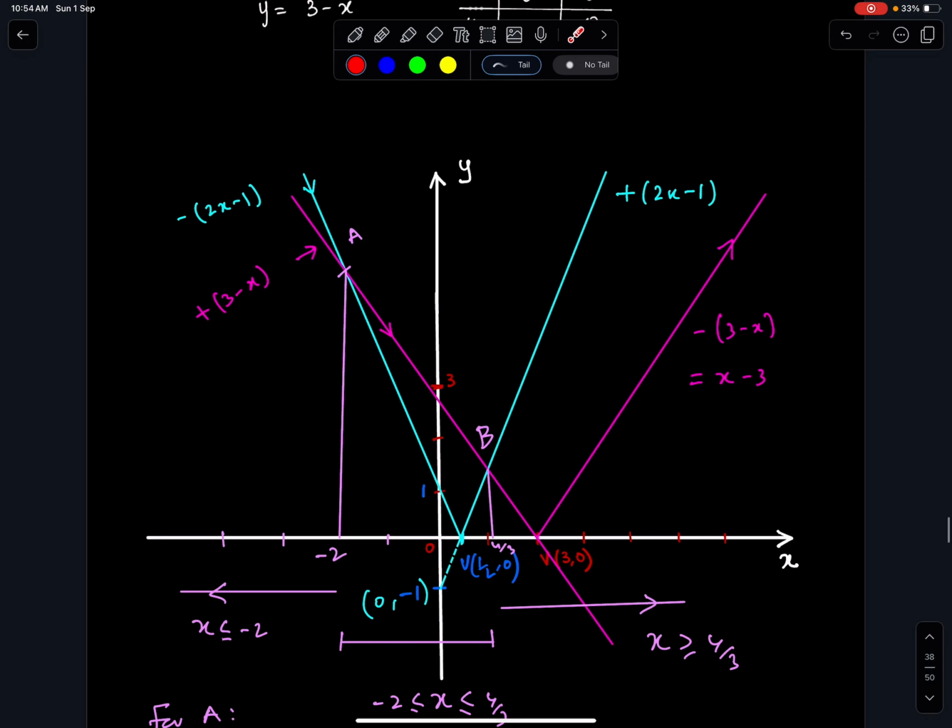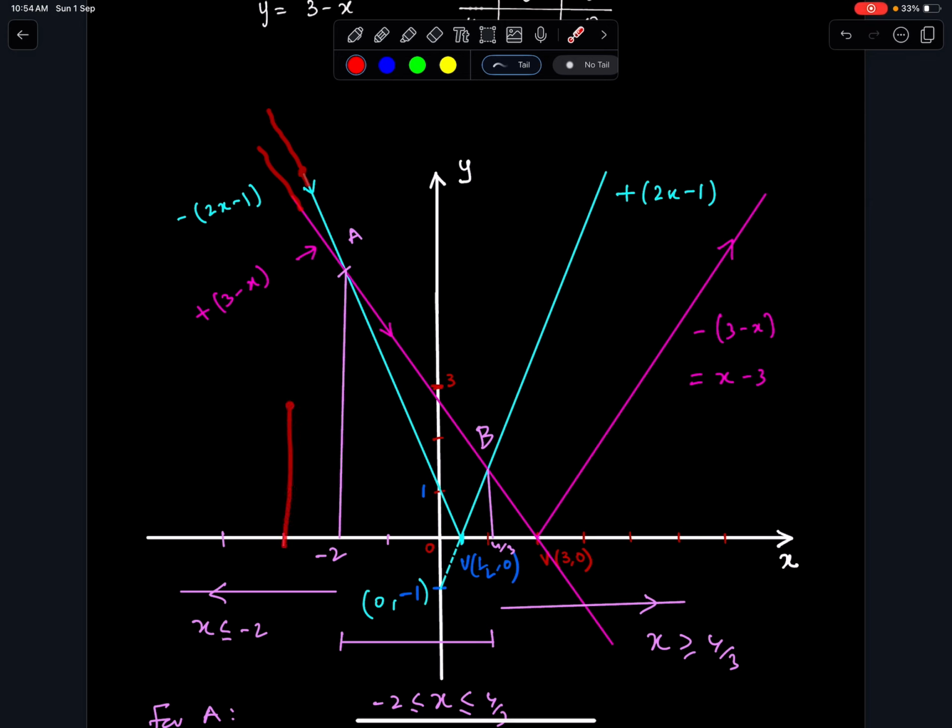So if we check this solution, then just check the y coordinates of these two graphs for the same x coordinate. For the same x coordinate, the y coordinate of this graph is lower than the y coordinate of this graph.